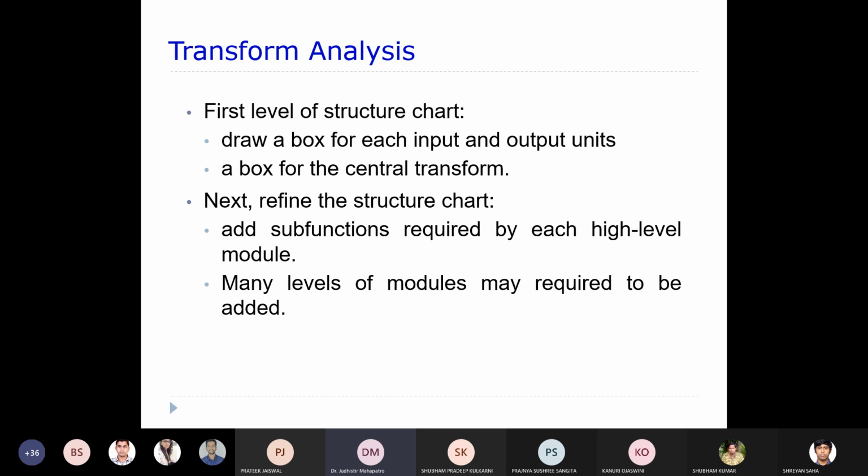Then within that particular box, you identify each and every sub function required, and then the sub functions of those sub functions. As a result you will get many levels of modules.